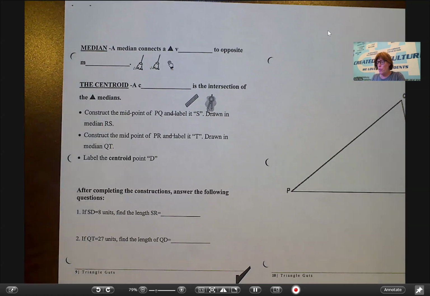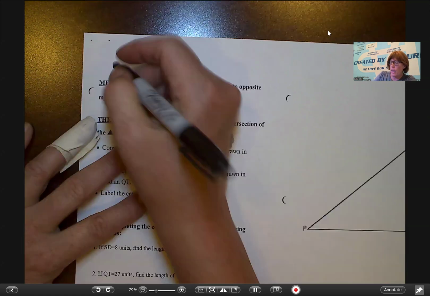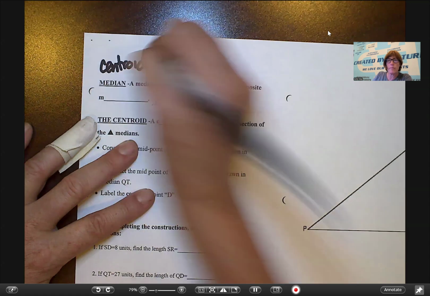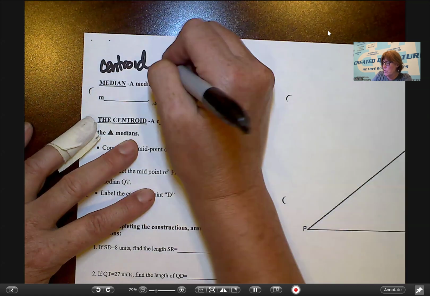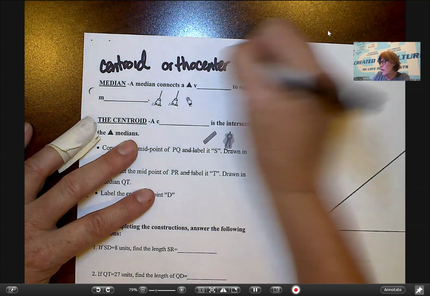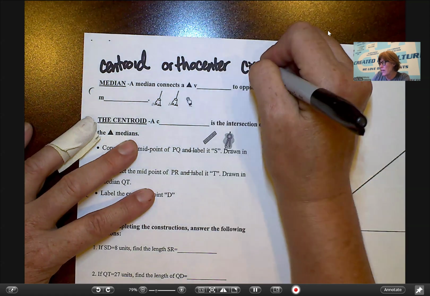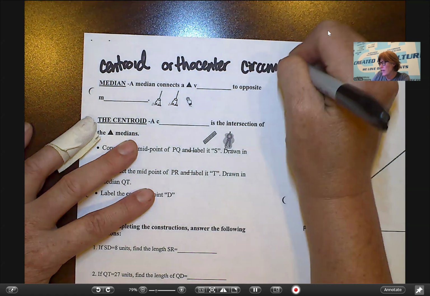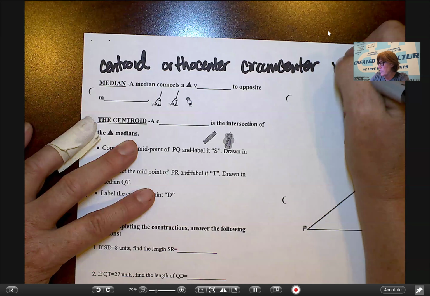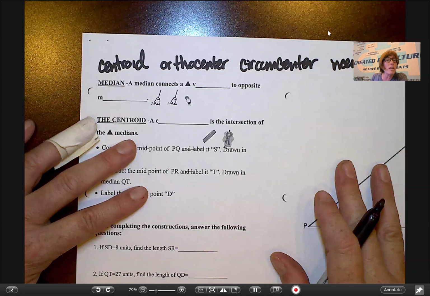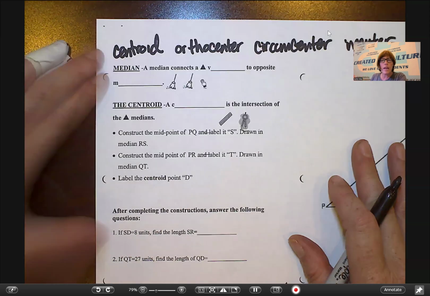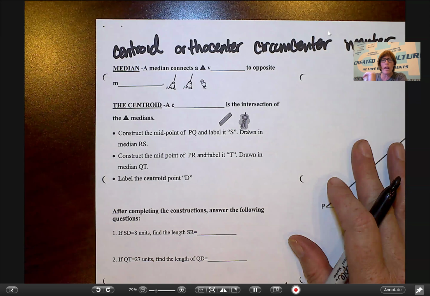And those 4 centers are a centroid, an orthocenter, a circumcenter, and an incenter. We're going to be constructing all 4 of them. And they are based on the 4 triangle guts.